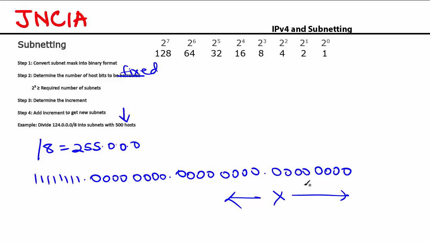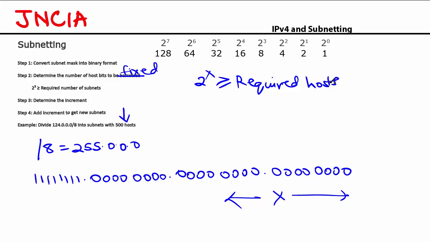number of hosts. In this case, the formula now becomes 2 power x is greater than or equal to the required number of hosts. There's an important thing to consider here. In every subnet, the first address, like you know, is the network address, and the last address, like you know, is the broadcast address.